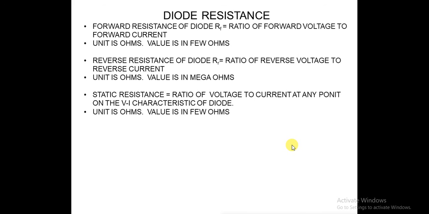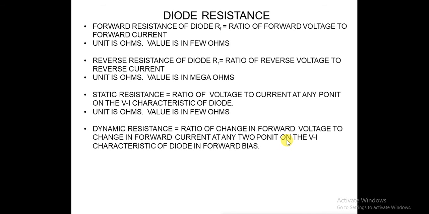Means we can calculate the static resistance when forward current is flowing, and when reverse current is flowing. When static resistance is calculated for forward bias, its value will be a few ohms, and when calculated for reverse bias, the value of static resistance will be in megaohms.